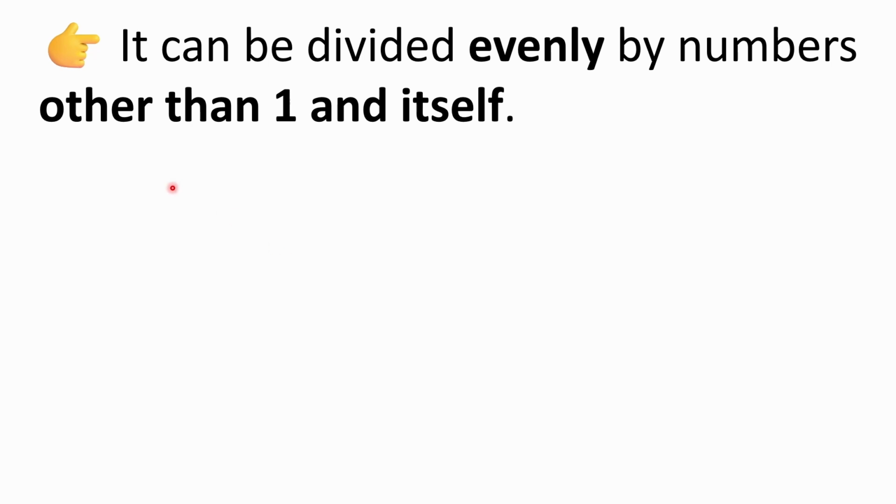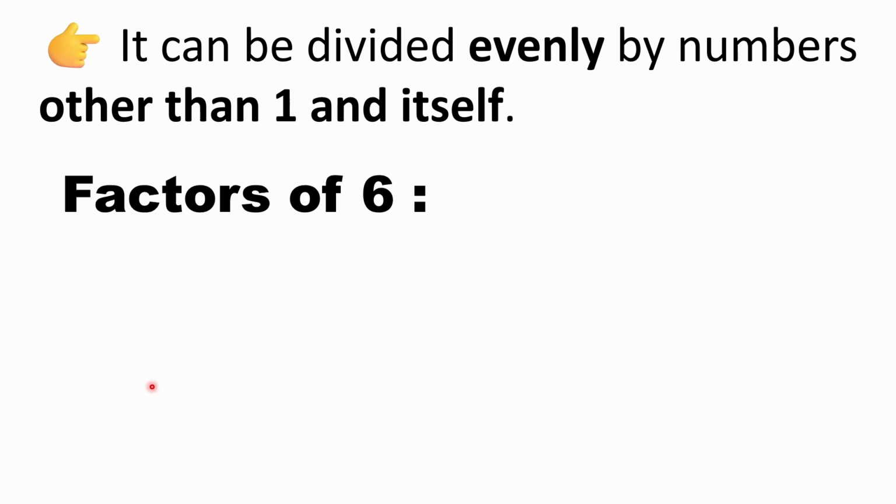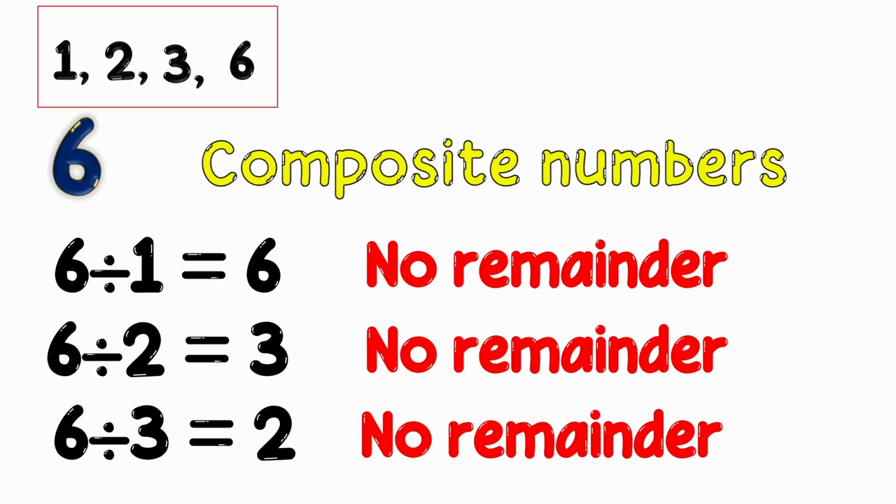Here's the other way to determine whether the given number is prime or not. It can be divided evenly by numbers other than 1 and itself, or it can be divided exactly with no remainder. So let's try the factors of 6. We have 1, 2, 3, and 6.